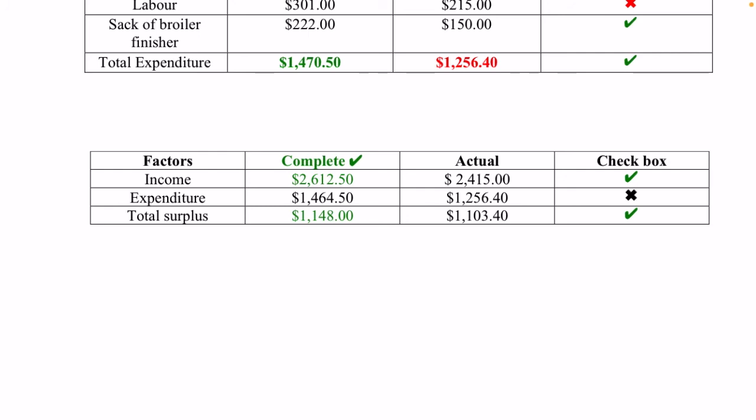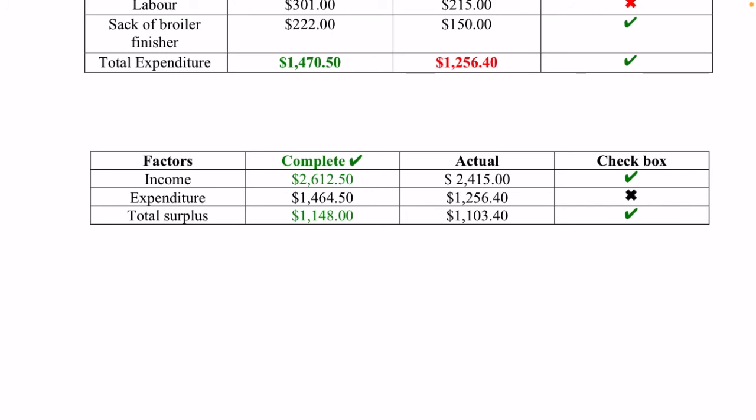So what were the factors that contributed to the projected surplus being greater than the actual surplus? Let's look at the factors. The factors here would be income and expenditure.